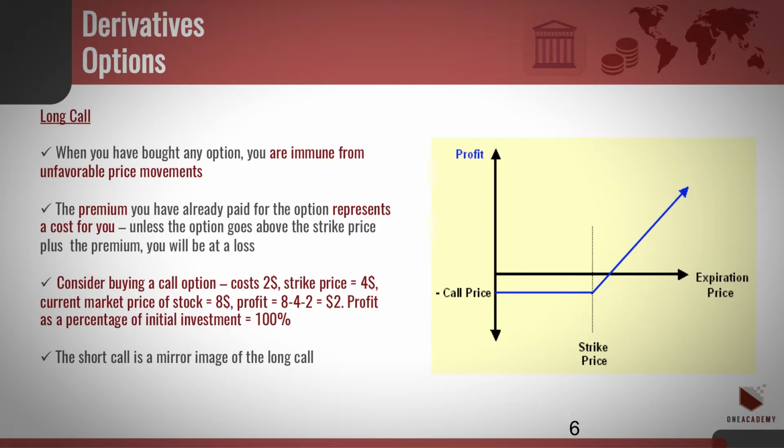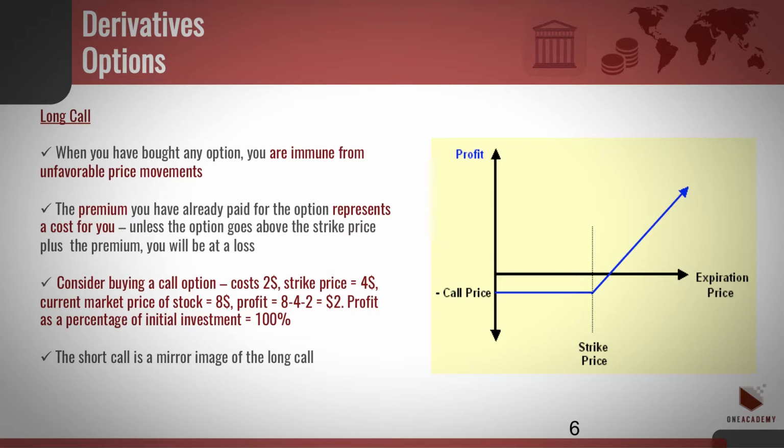Cost $2. Strike price equals $4. Current market price of stock equals $8. If you have bought a call option for $2, that gives you the right to purchase stock ABC at $4. And if the price of stock ABC is $8 now, you can exercise your option, buy at $4, and then sell on the market for $8.